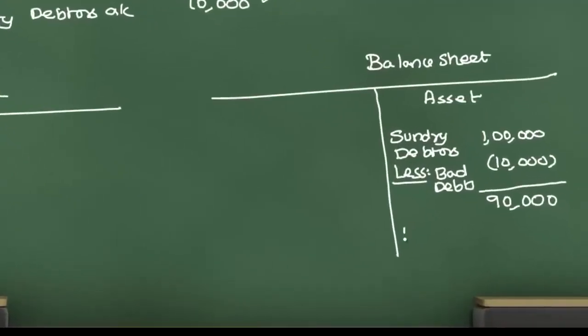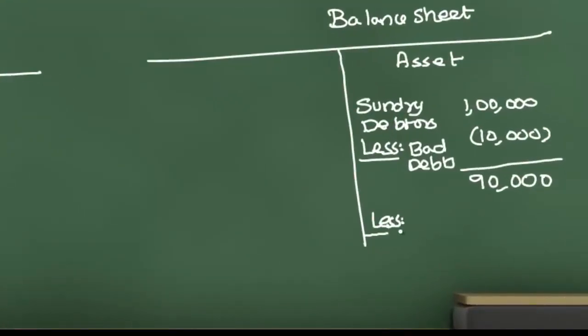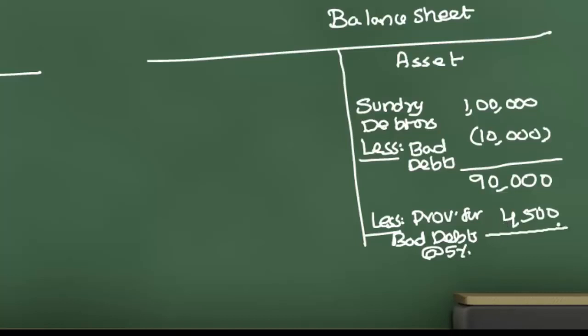So less provision for bad and doubtful debts. So I'll write bad debts at 5%. So this 5% is going to be 4,500. So 90,000 minus 4,500 is going to be 85,500. So this is one leg.